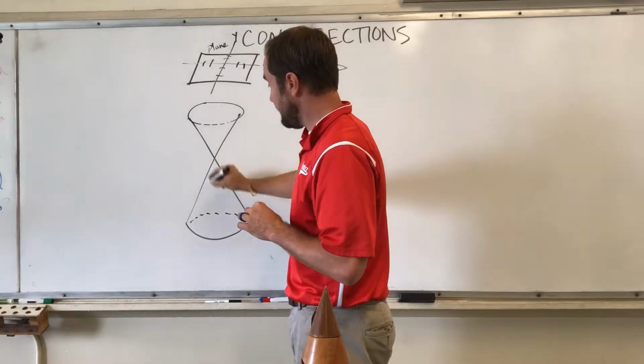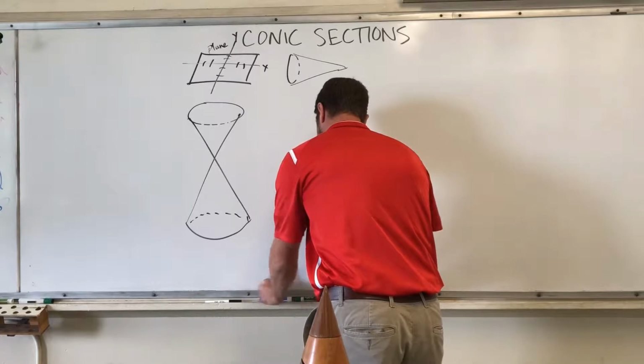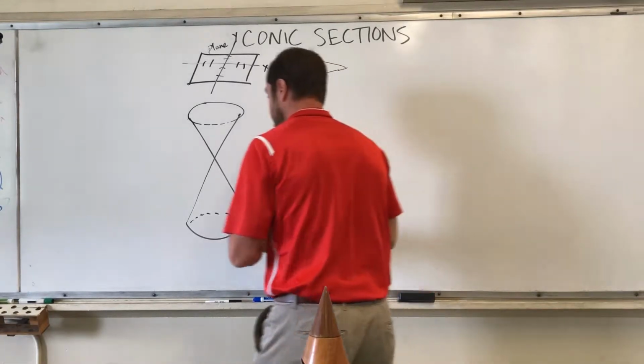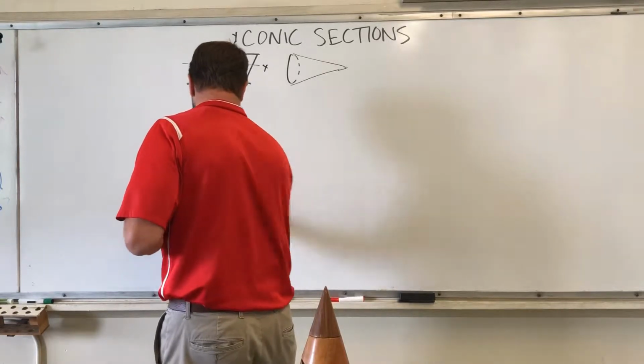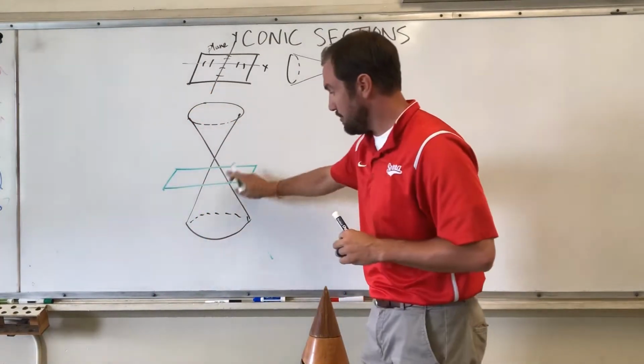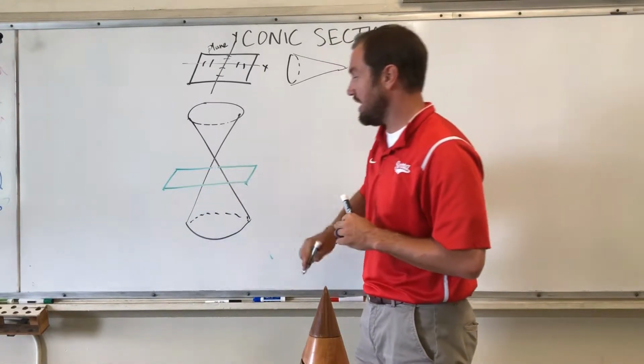We're taking this plane, like I said, and we're going to cut this cone with a plane parallel to this base. I'll give you some slashes there so you see it's behind.